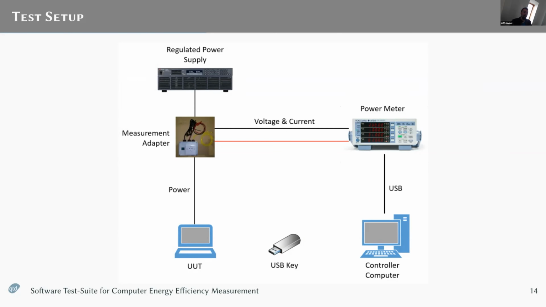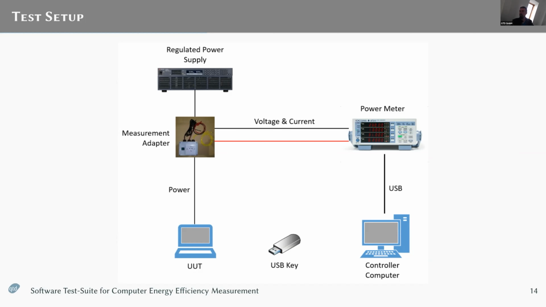It's also recommended, at least when you do professional tests, that you have a regulated power supply so that you actually know that you have clean power without any disturbance and that your power measurement is actually clean. Furthermore, there is a USB key which is used to transfer the power measurement data between the equipment under test and the controller computer.